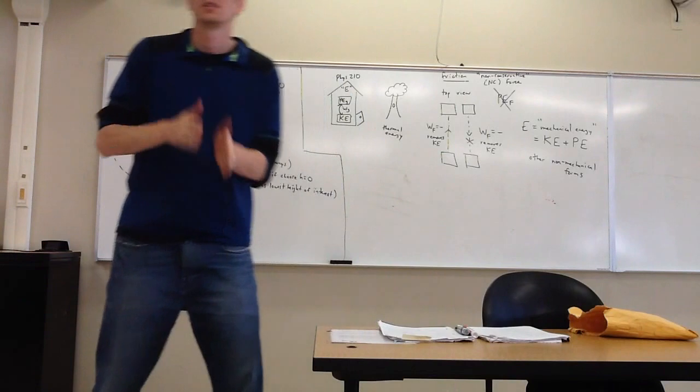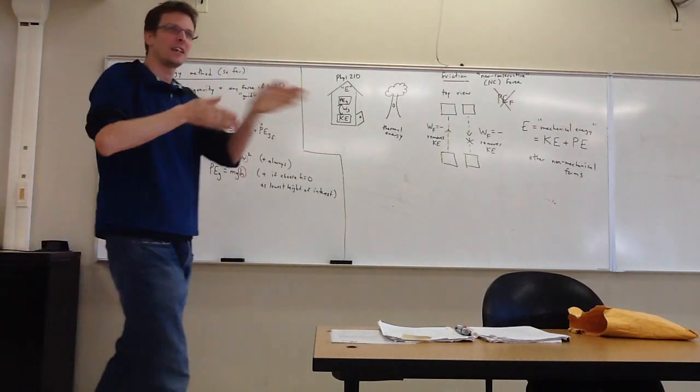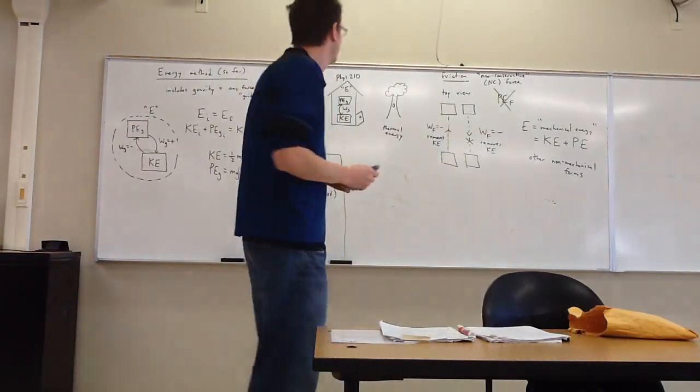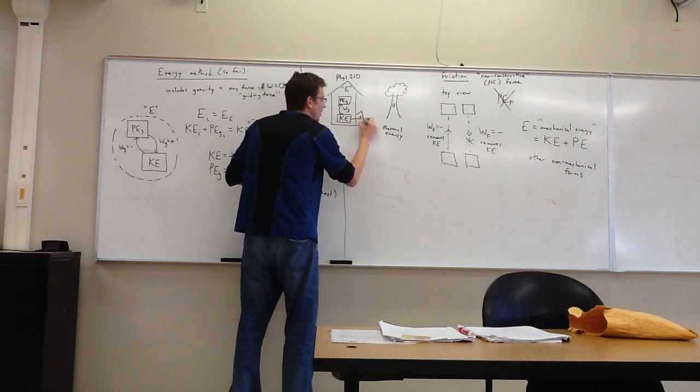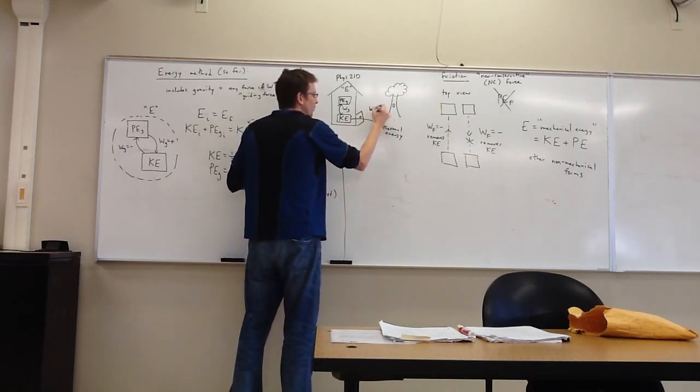Friction, on a cold day, you can take the kinetic energy of your hands in motion and turn it into thermal energy. That's a non-conservative. So anything that trades outside the house is non-conservative.